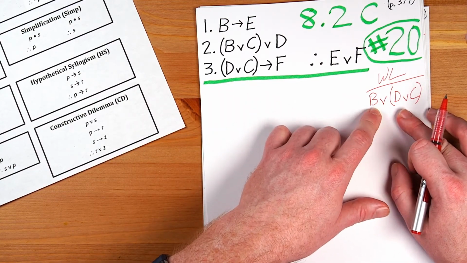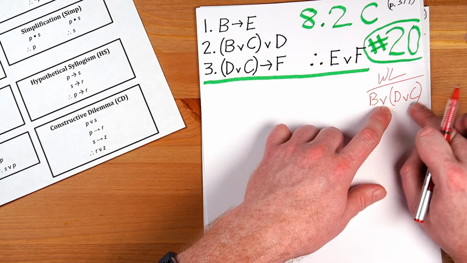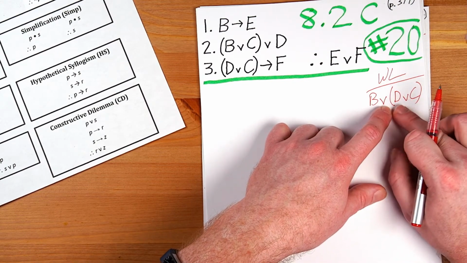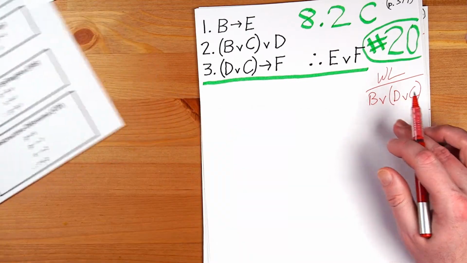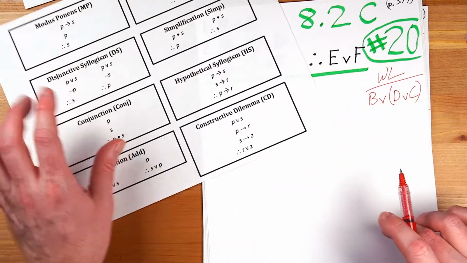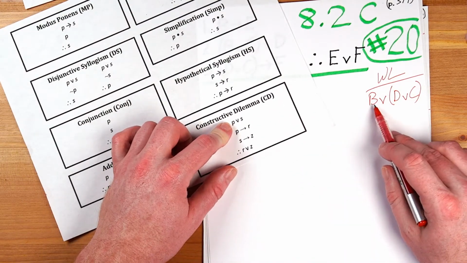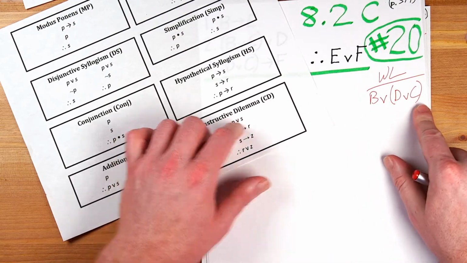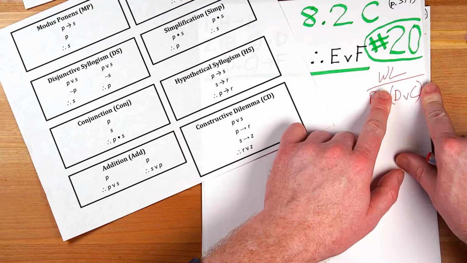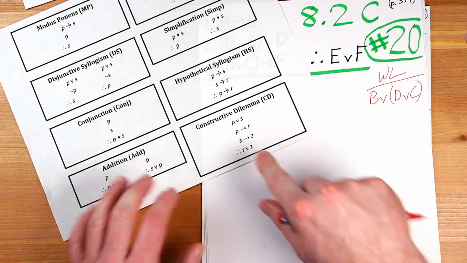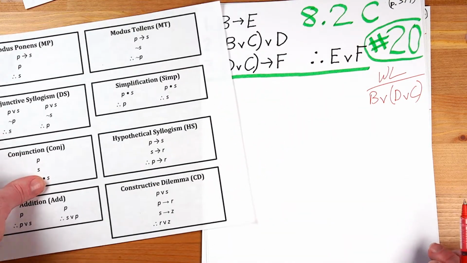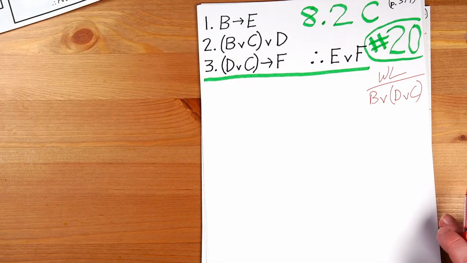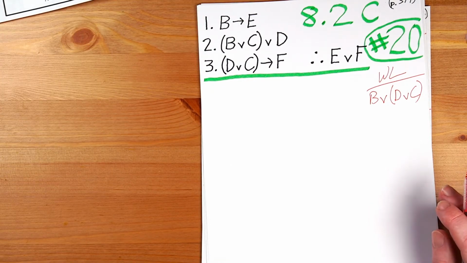The left side's nice and simple, but the right side is something in parentheses. Just like on the rule, we have P on the left, we have B, and on the rule we have S. On our example, we have D or C replacing the S. So a compound statement replacing just the S.